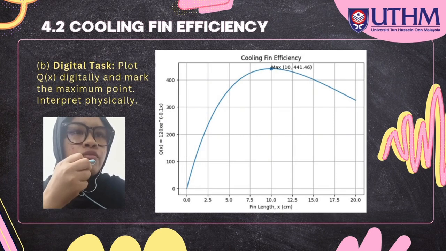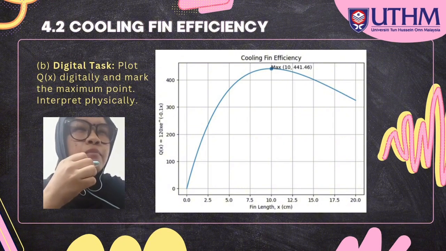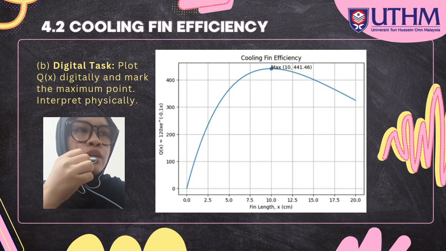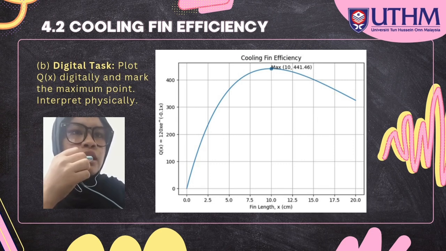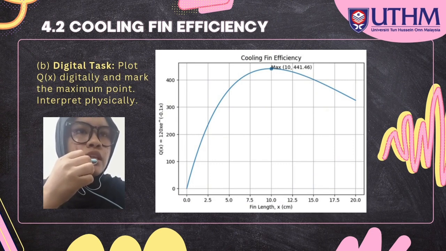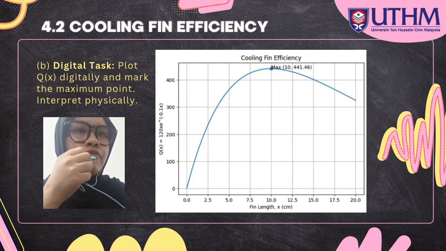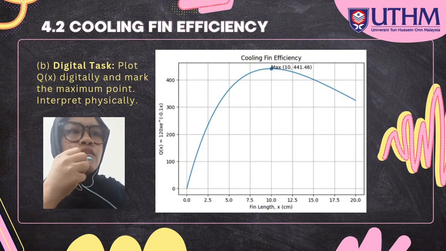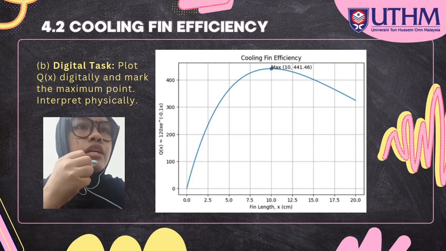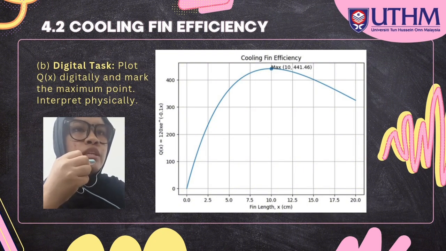The value of Q of 10 is approximately 441.46. Step 3, state the maximum point. Therefore, the maximum point is (10, 441.46).